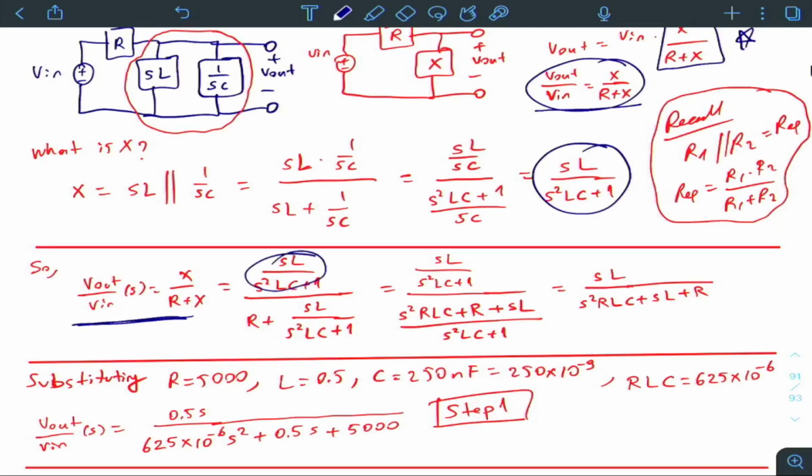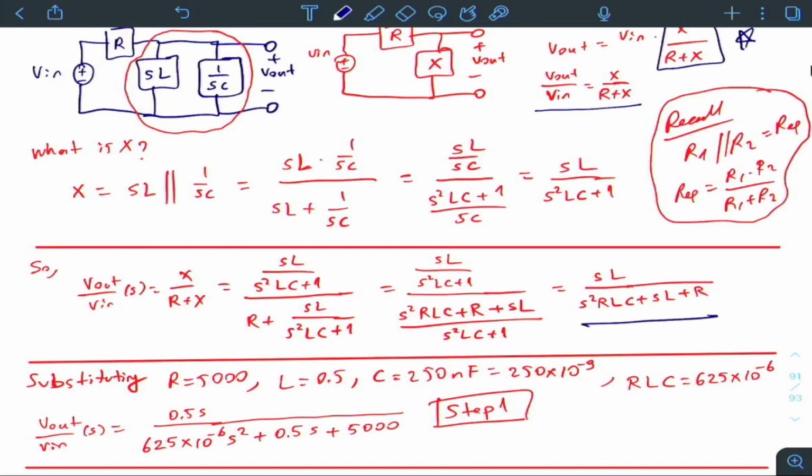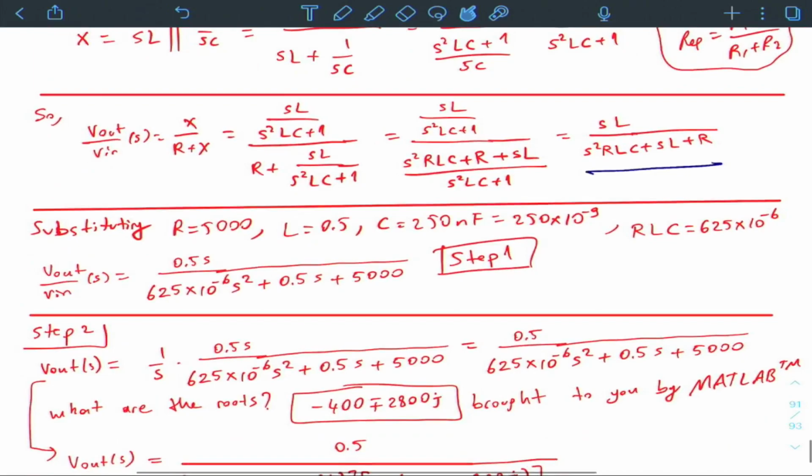We substitute X, okay, and then we arrange the terms, and we find sL over s squared RLC plus sL plus R. At this point let's substitute R as 5000, L as 0.5, and C as 250 nanofarad, meaning 250 times 10 to the minus 9, right?